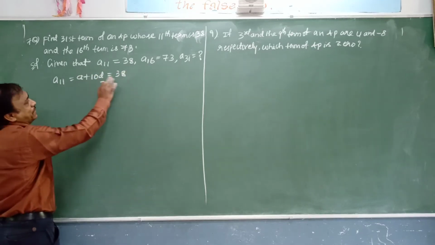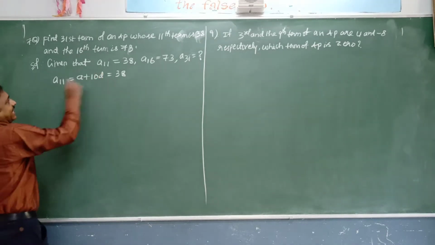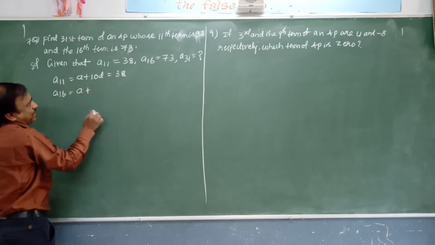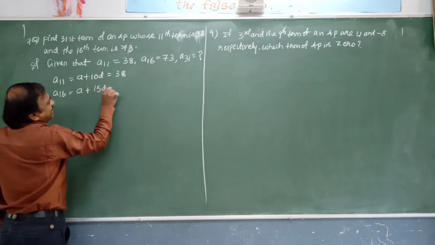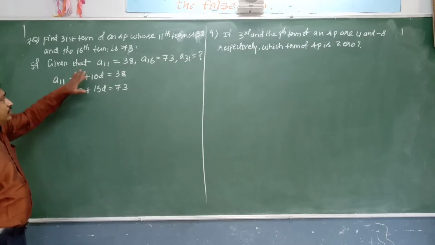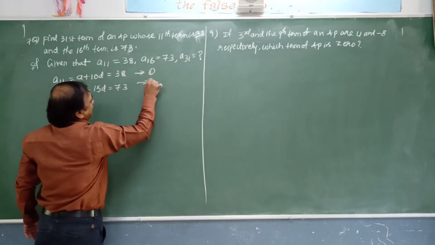Are you following? Next, A16 is equal to A plus 15D, which is equal to 73. Check these two. These are equation 1 and equation 2.